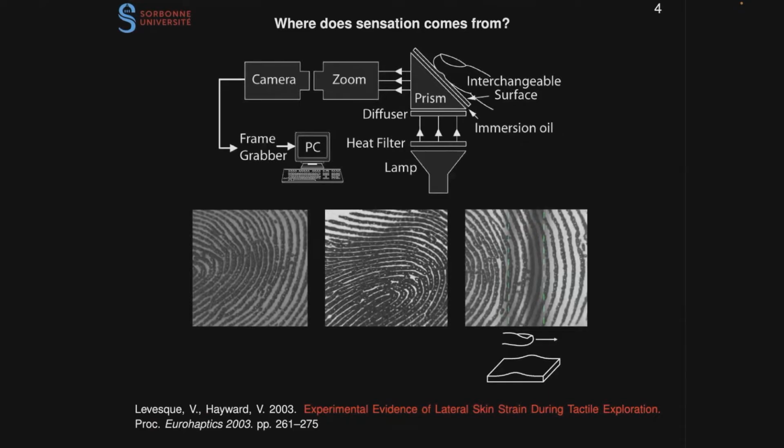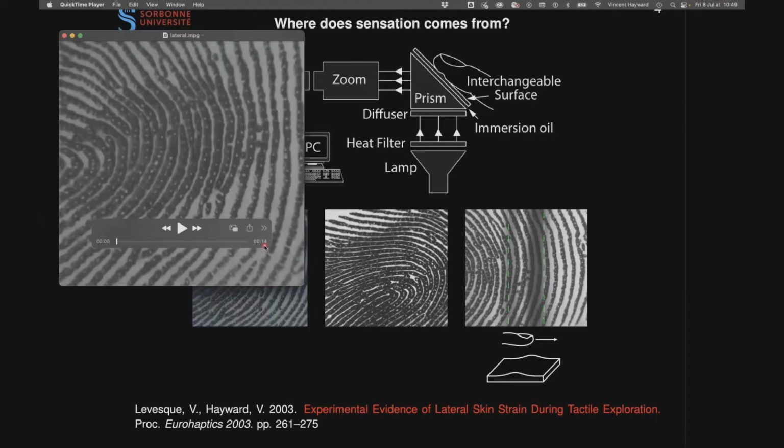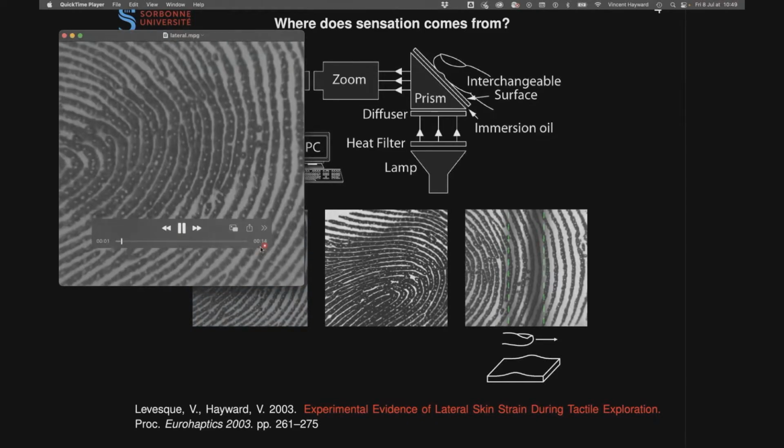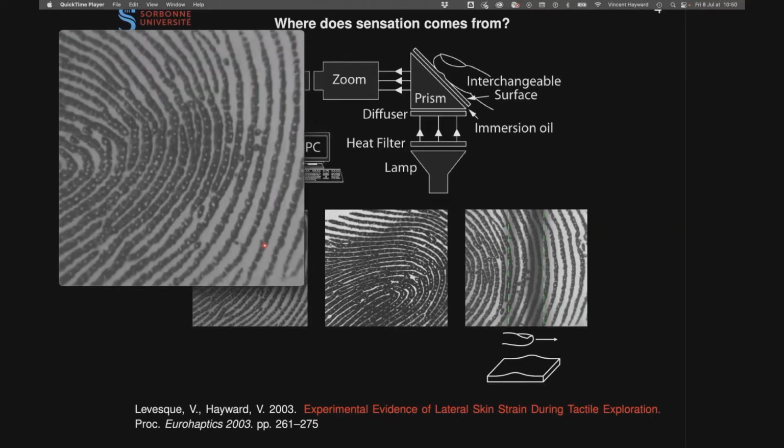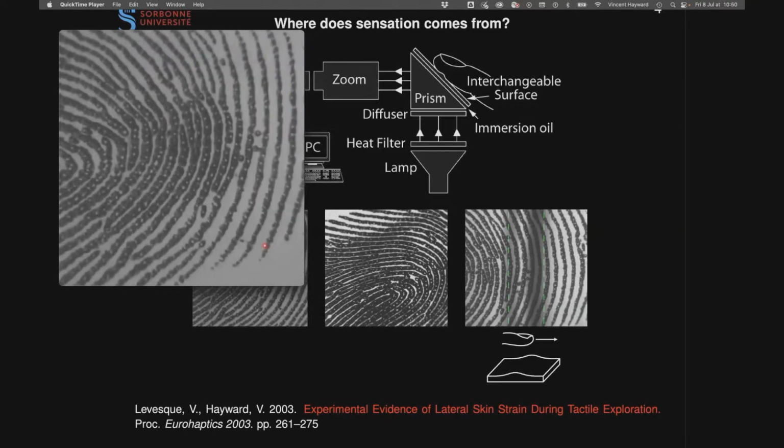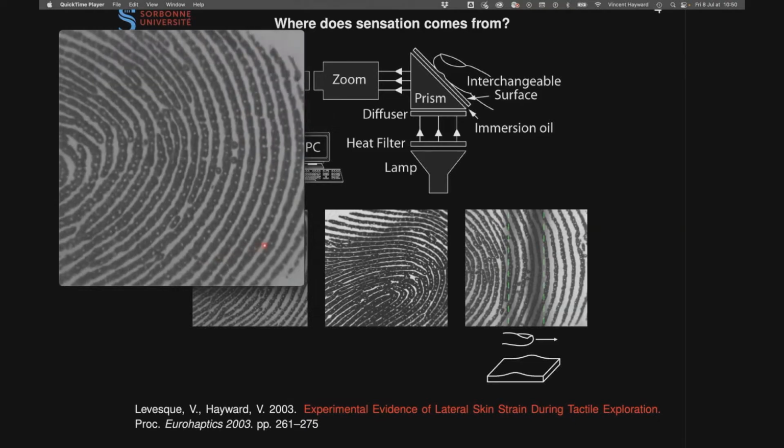Where does sensation come from? We've already outlined that it comes from the fact that when we touch things, our own body deforms as a result of the interaction with another or several. Here's a very simplified example, essentially a finger sliding on a glass surface, and we've recorded, using an imaging system, what these deformation trajectories could be.